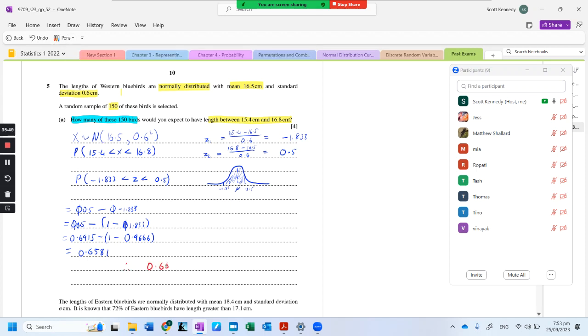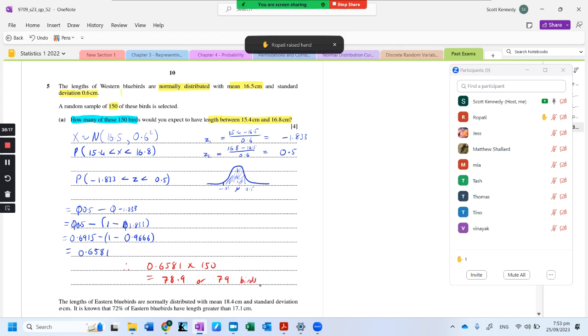What does that give us? Who's got it? Yep, what do you got? I'll probably just round it to 79. 78, 79 birds.